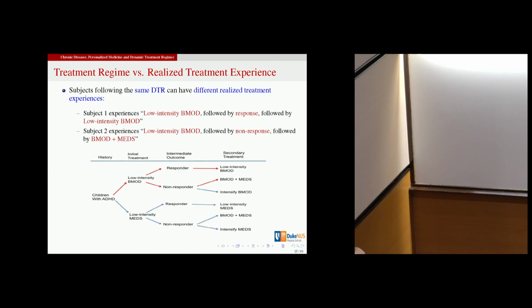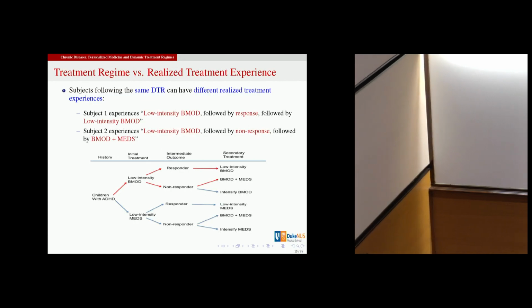So this is one pathway, one realized experience of that same regime. Whereas this one, the lower path, is what a different subject experiences: low intensity B mod followed by a non-response as intermediate outcome, followed by treatment augmentation, giving both treatments. So see, the two individuals are experiencing different treatments, but they are both consistent with the same rule. That's one important thing to notice.